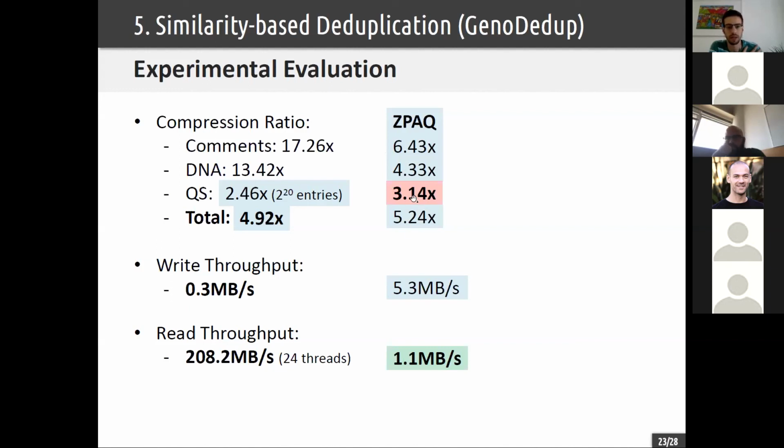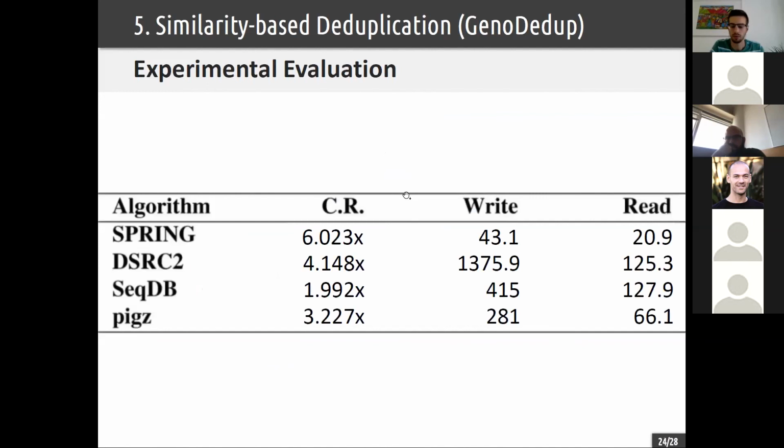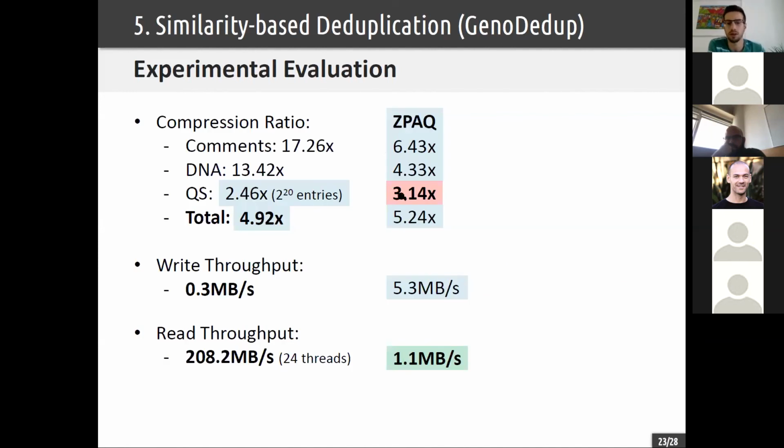They are only better on the quality scores, but we already reach almost 80% of their result. And also, if you look, their read throughput is way slower than ours. So this is an interesting trade-off. We reach 80% of their results in compression, but we are 200 times faster than them for reading data.